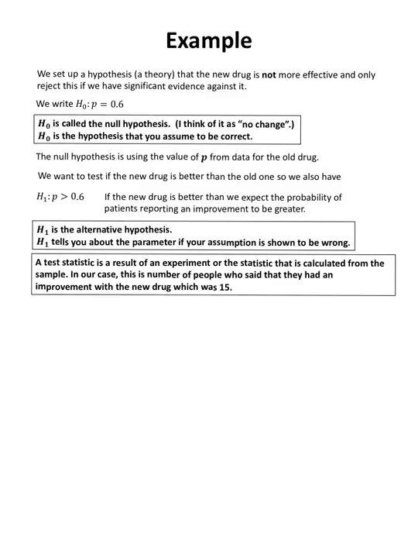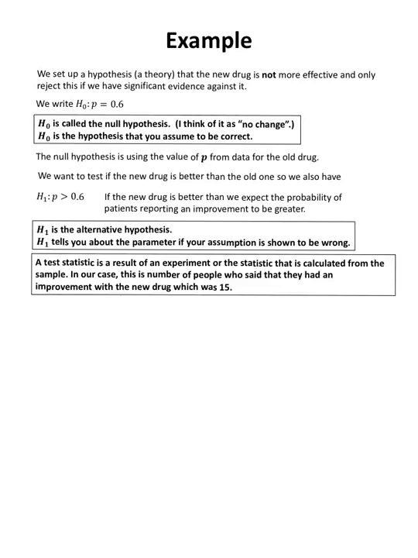So we're setting up our hypothesis that the new drug is not more effective, and we only reject this if we have significant evidence against it. So if we're saying that our hypothesis is that the new drug is not effective, that means that our probability remains at 0.6.